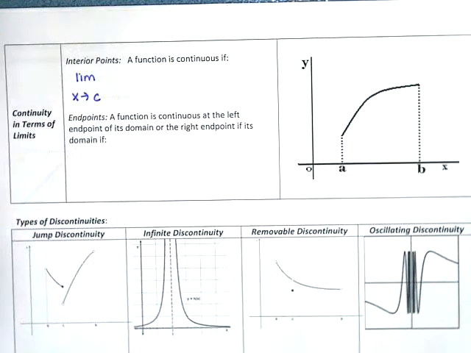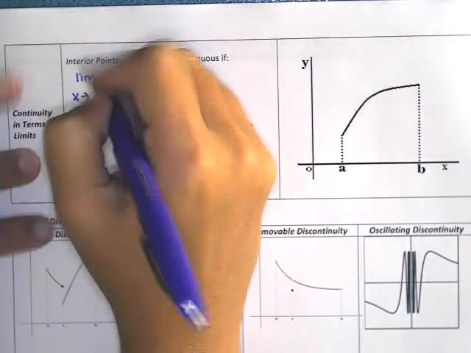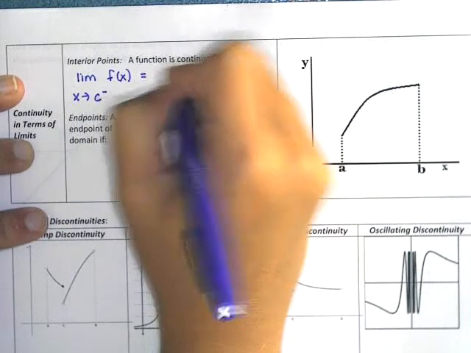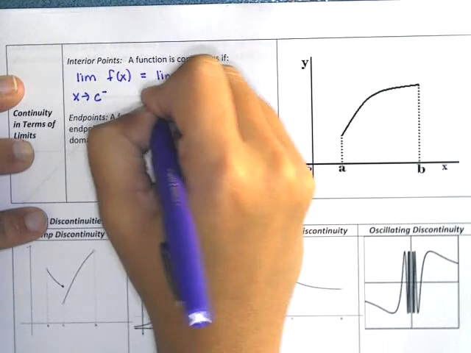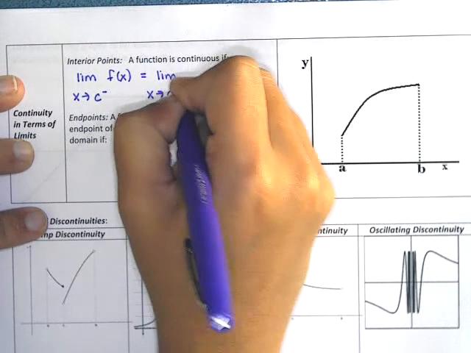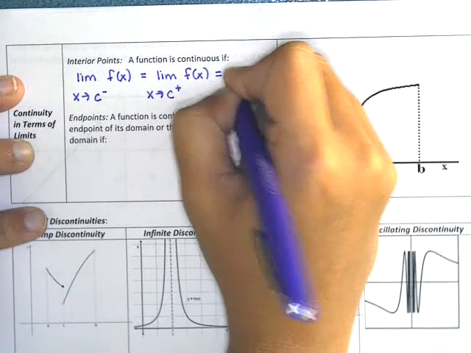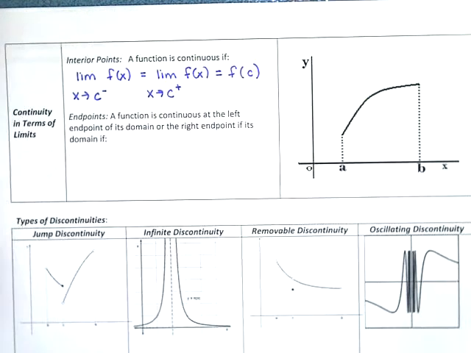If the limit as x approaches that number from the left of your function has to equal the limit as x approaches that number from the right of your function, which has to equal the function value.